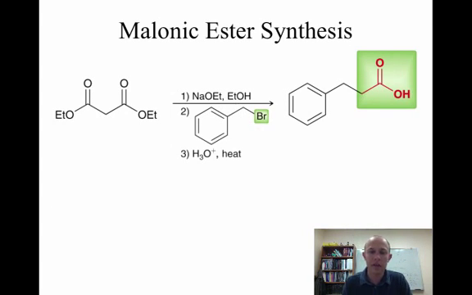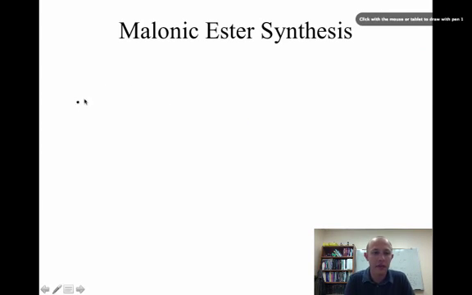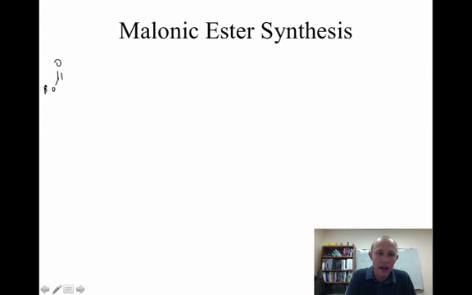Okay, so let's talk more about step 3, this decarboxylation step, because this is the most mysterious part about the malonic ester synthesis. Remember, we started with diethyl malonate, or you can also use dimethyl malonate. Any kind of diester will work for this. We deprotonated it with a base, so then we got our enolate.